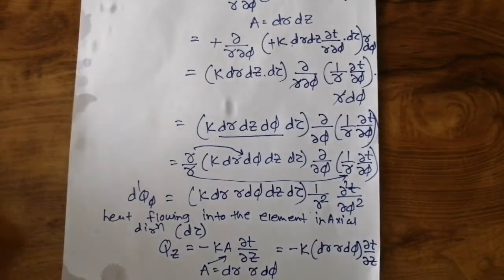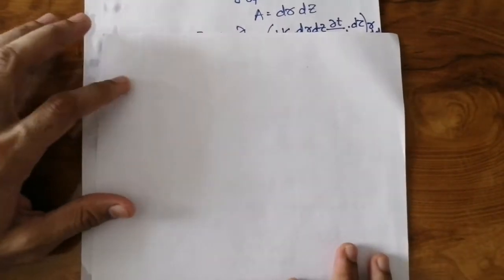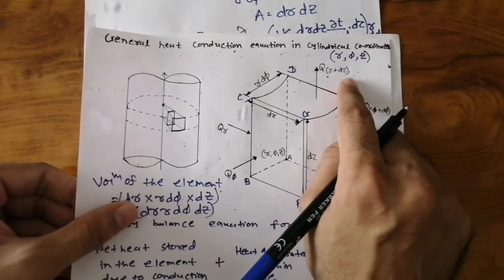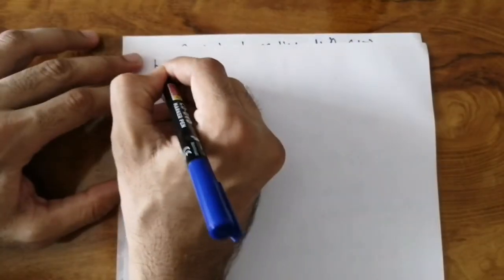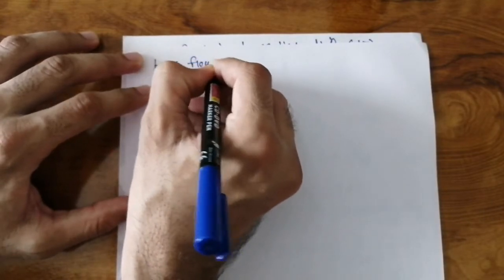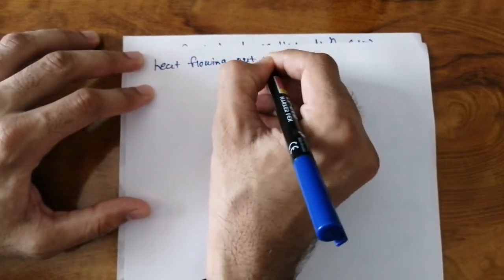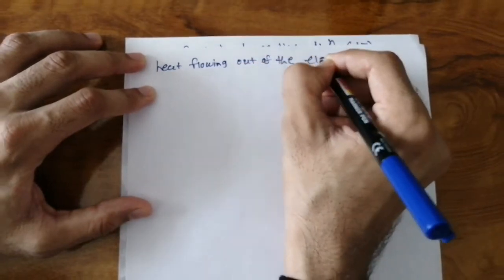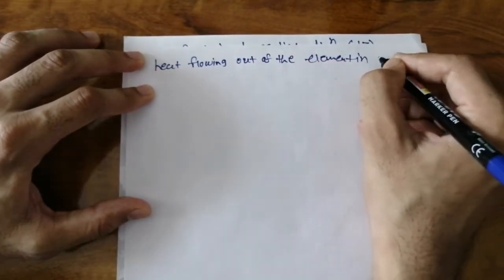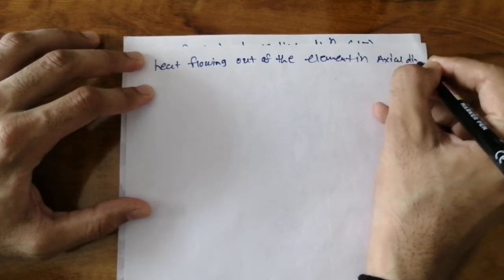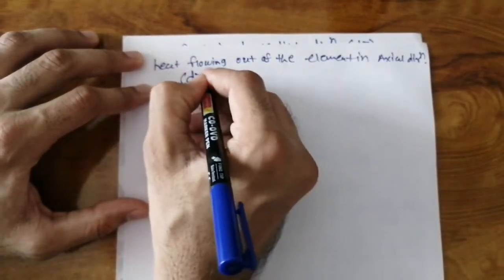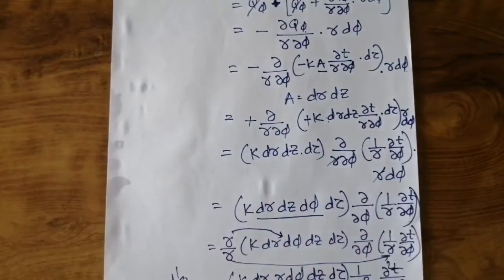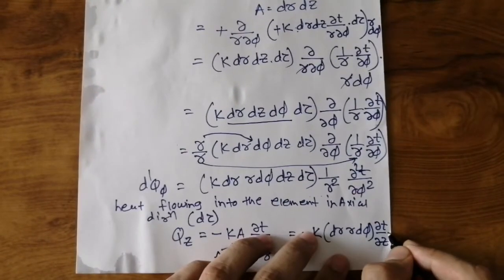Now the energy into the element in the axial direction is done. Next the energy out of the element will be considered, so energy out of the element is qz plus dz. We consider the heat flowing out of the element in the axial direction, time interval d tau, so into d tau.